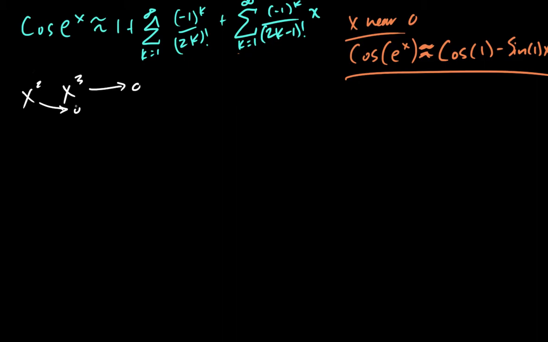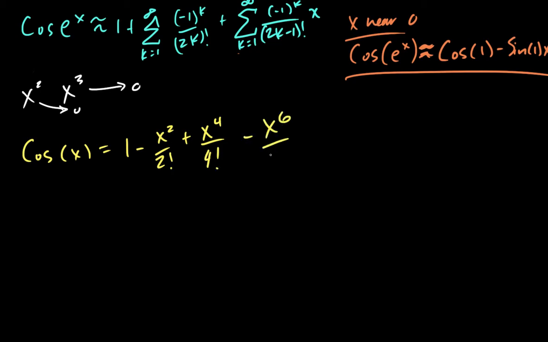Okay, so we're going to look at cosine of 1. So I guess actually let's write down cosine of x, which is 1 minus x squared over 2 factorial, x to the 4th over 4 factorial, x to the 6th over 6 factorial.